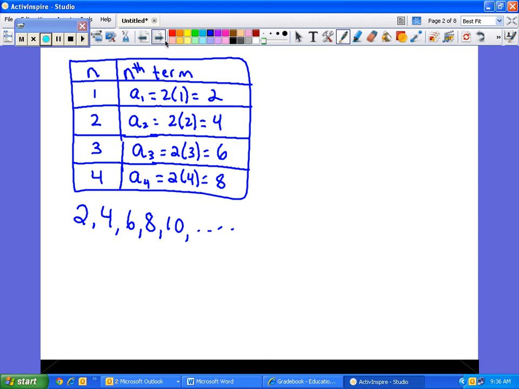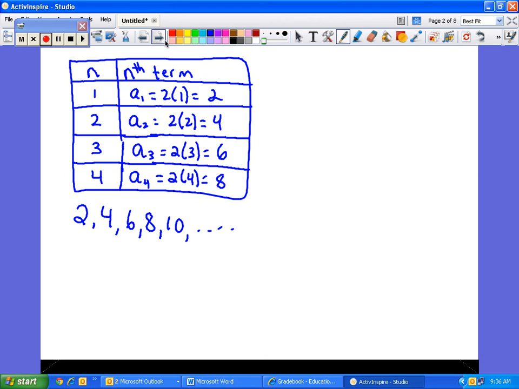Here's my n, which refers to the term number. I take my term number and I'm multiplying it by 2. And that gives me my value.